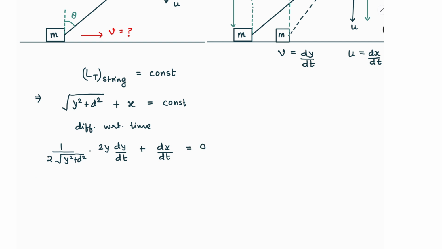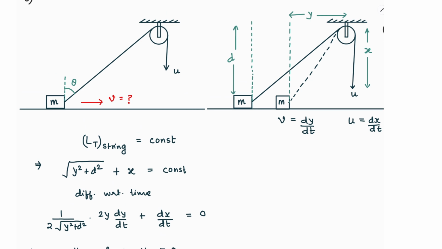So we can cancel this 2 out, and write y upon root under y square plus d square, dy by dt as magnitude of v, dx by dt as magnitude of u, and this is equal to 0.